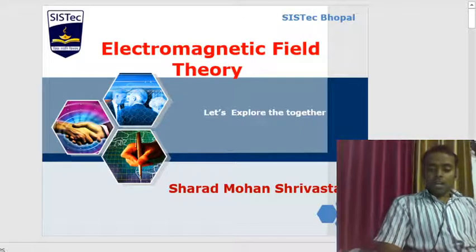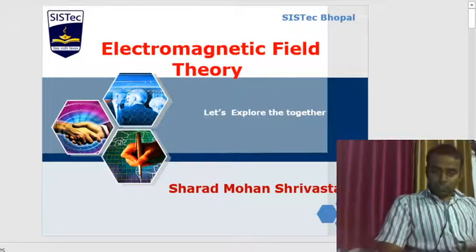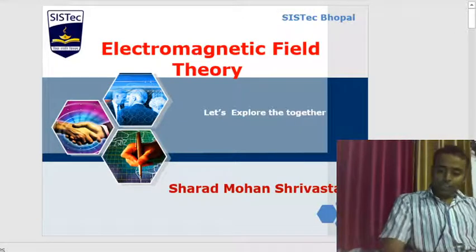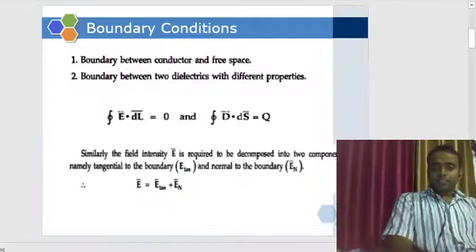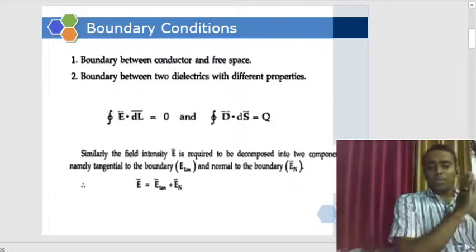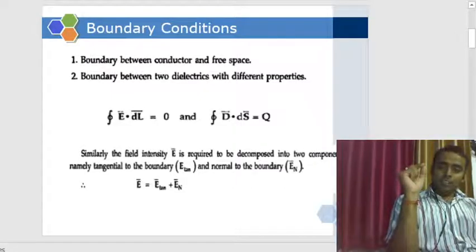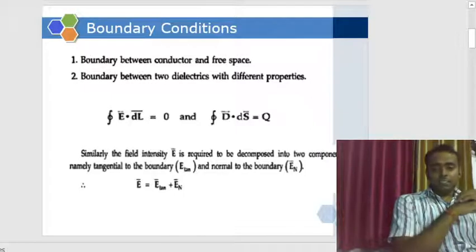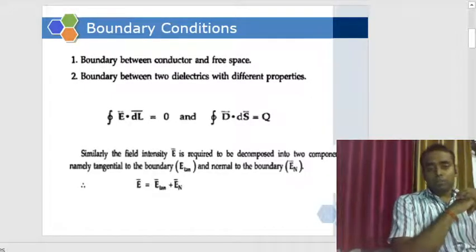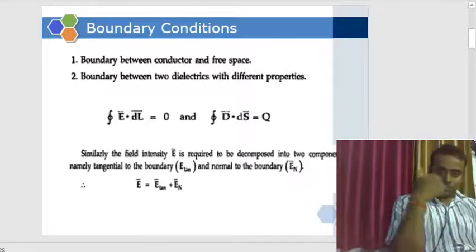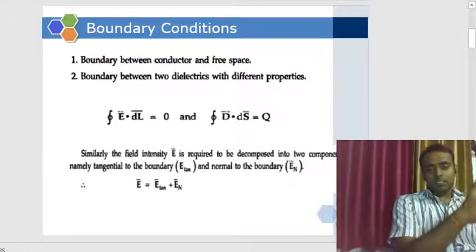So coming to boundary conditions, today we'll see what the boundary conditions are and why we are talking about this. We had talked about the types of material in our previous lectures: conductors, dielectrics, insulators.